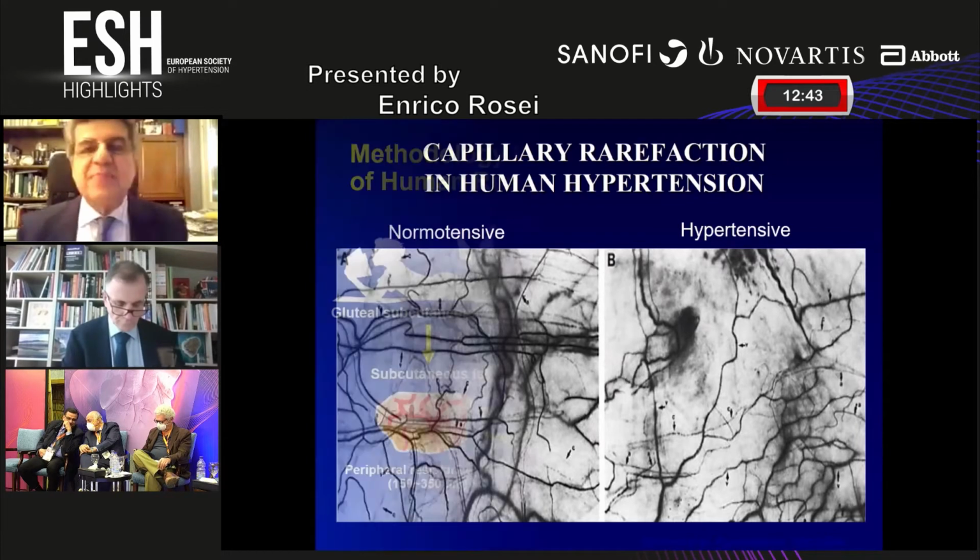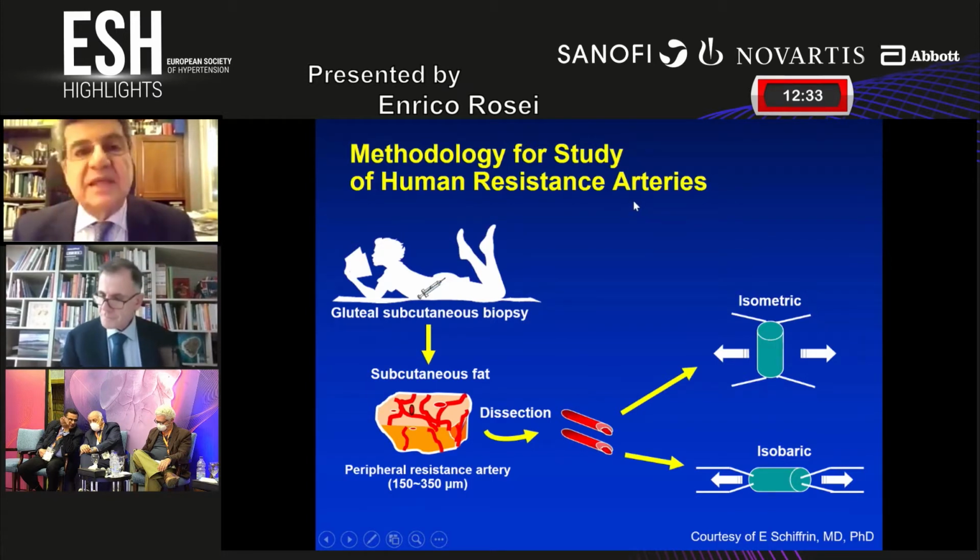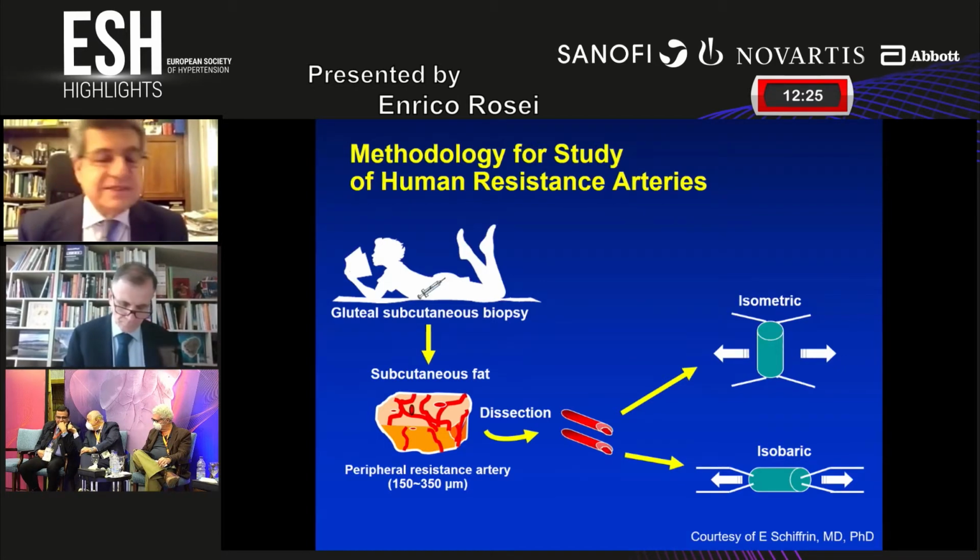But a large part of the increase of resistance is due to the structural alteration of small resistance arteries. The problem is that we have evaluated resistance arteries so far using an invasive, minimally invasive, technique that has limited very much the diffusion of the technique in several laboratories.